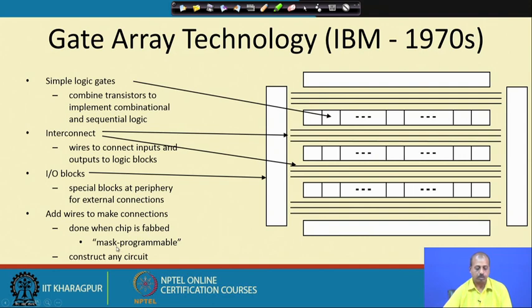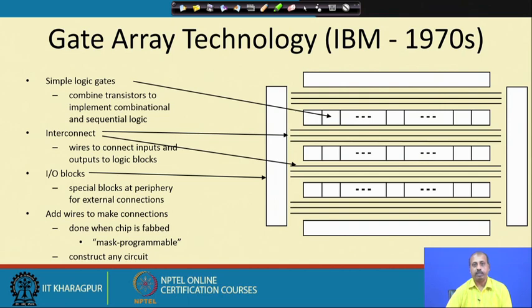It is called mask programmable, because we can put a mask for this type of connection, and then we can do the connection. This is mask programmable because it is not yet on the customer side.